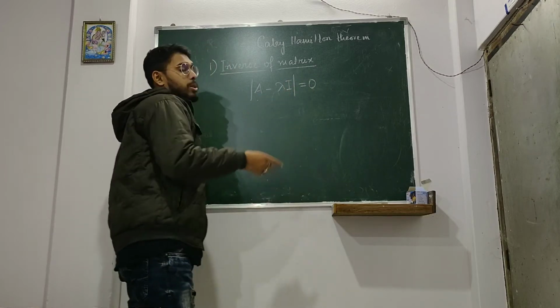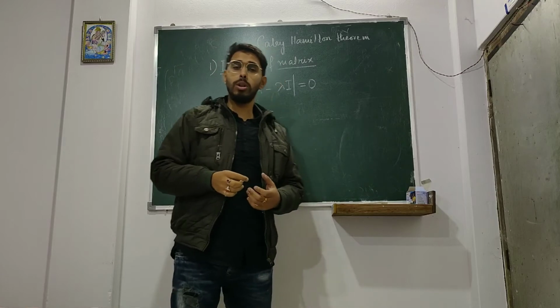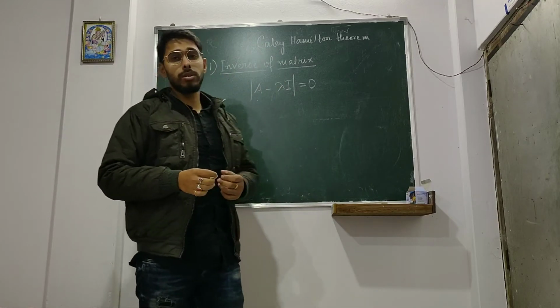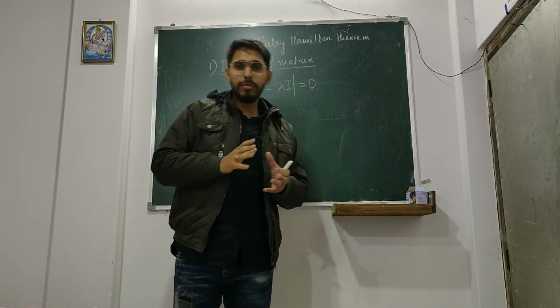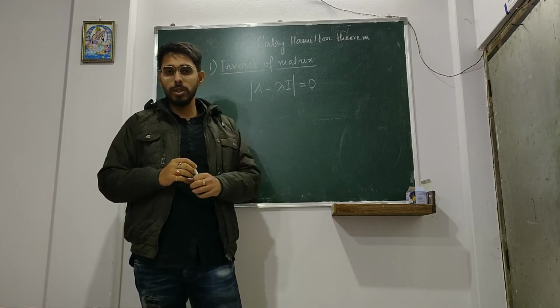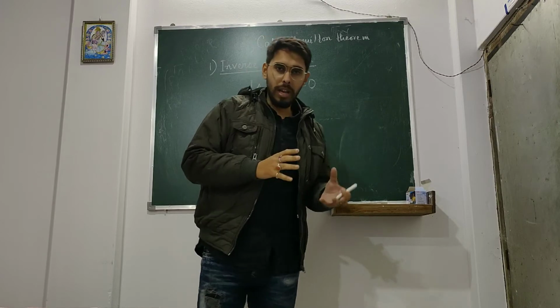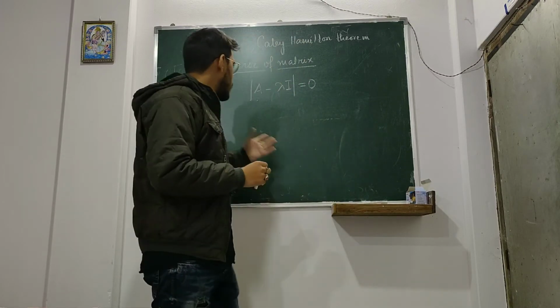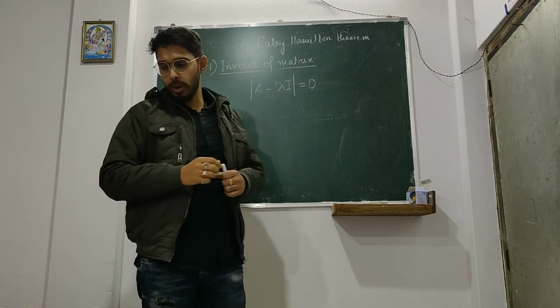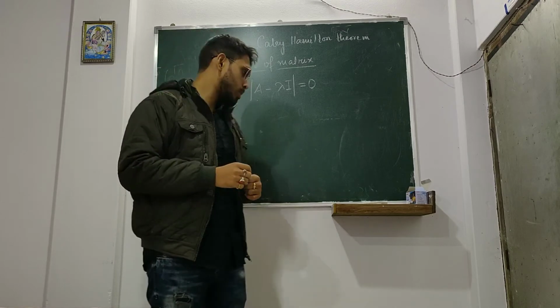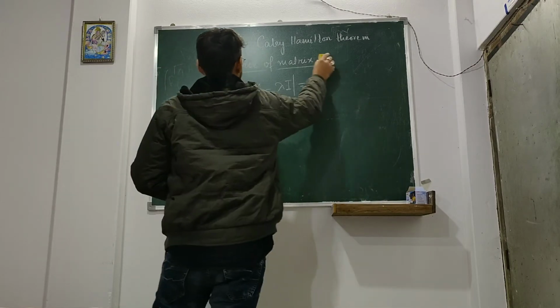So using this approach only we are going to find the inverse of the matrix, but it's a little different from the video we did on finding the eigenvalues and vectors. So let us do a question through which you'll understand this approach more. So let us write the question first.